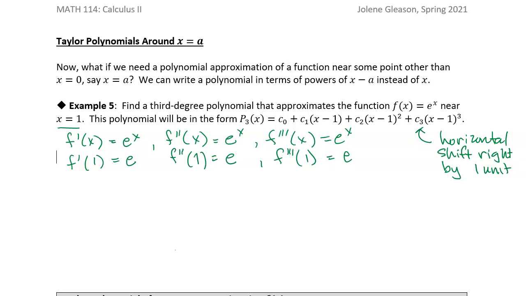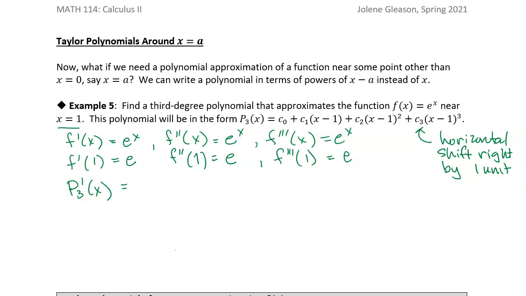Now we want to go through the polynomial, compute those derivatives, and match them to the values that we just got for e to the x. Let's look at this third degree polynomial, we'll call it P3 of x. I'm going to take the derivative of the polynomial given in the problem statement.